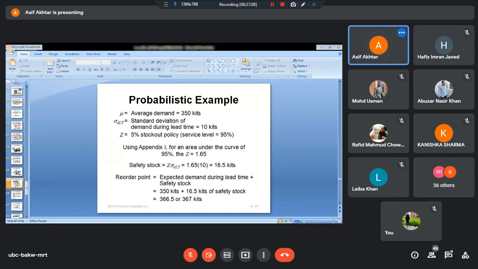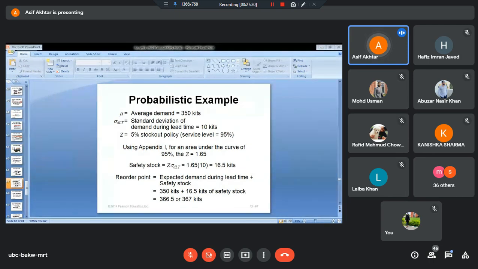I started by giving you a very important concept of safety stock. Why is there a consideration for safety stock? The reason is very simple, because we believe that demand is uncertain, not certain. The reorder point cannot simply be D into L; rather, the reorder point is D into L plus safety stock.